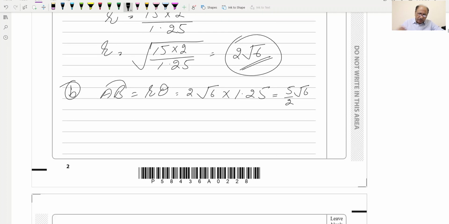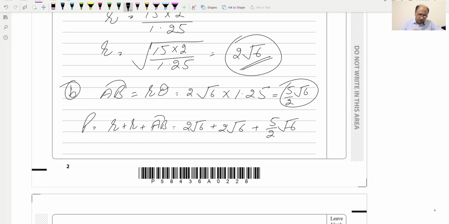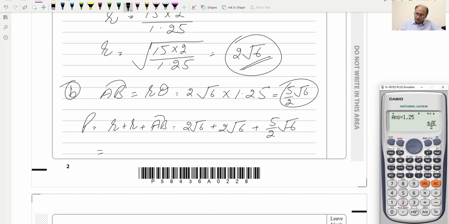Now for the perimeter we will be adding r plus r plus the arc AB length. So the r value we calculated, 2 under root 6, plus 2 under root 6, and plus the arc length we calculated, which we can replace over here, and we will get the final answer for the perimeter.